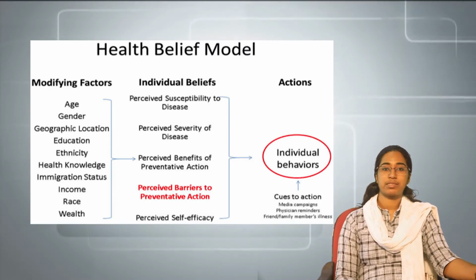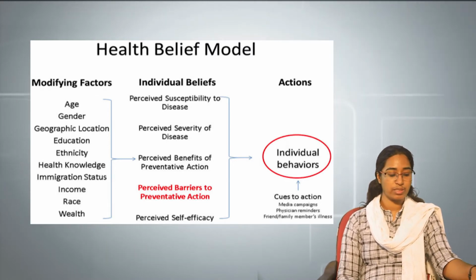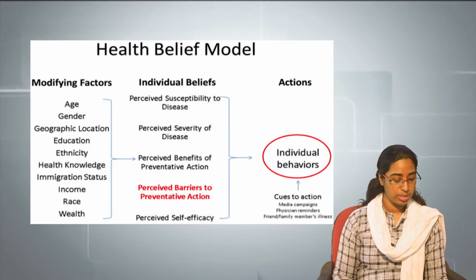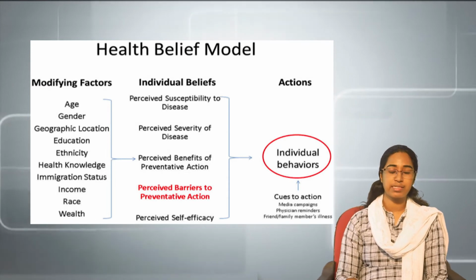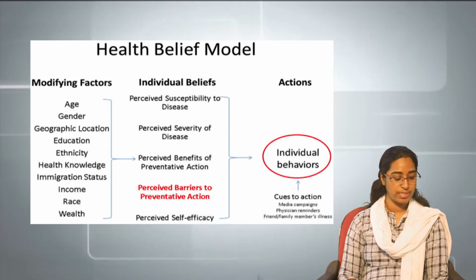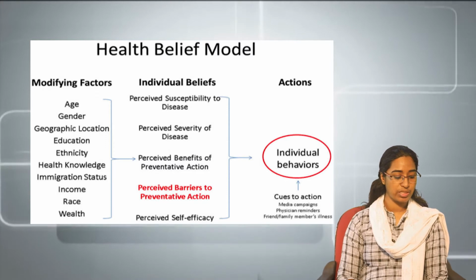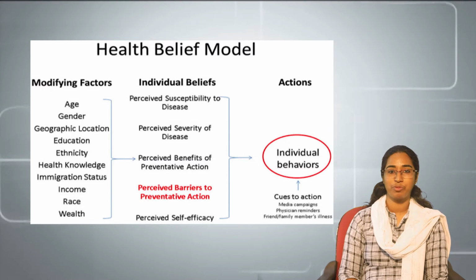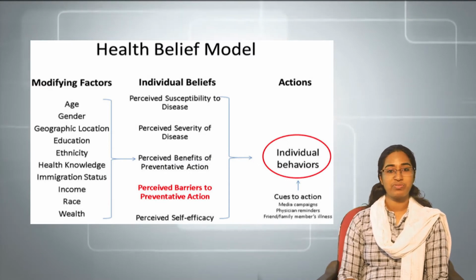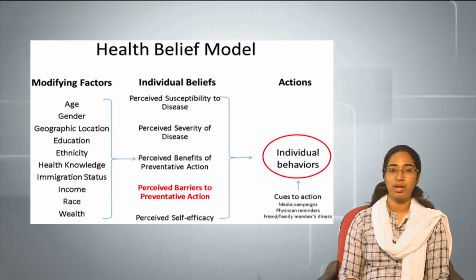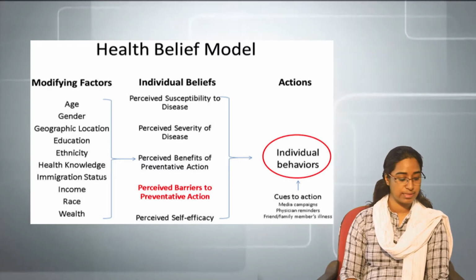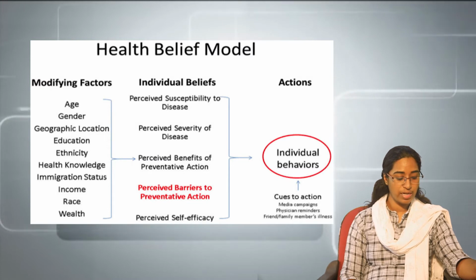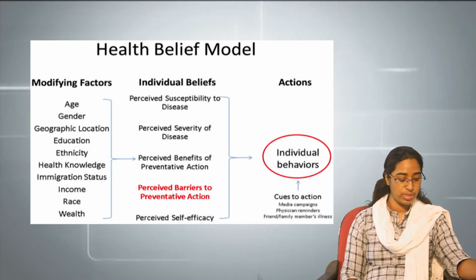The first construct is perceived susceptibility to the disease, that is the seriousness and the perceived threat an individual faces, that is how health communication and information is effective, or acting as a barrier to health information. Perceived severity refers to the knowledge or the skill of an individual about that particular disease, and perceived benefits of action means the level of health information literacy of an individual.